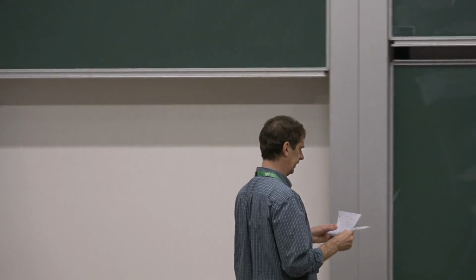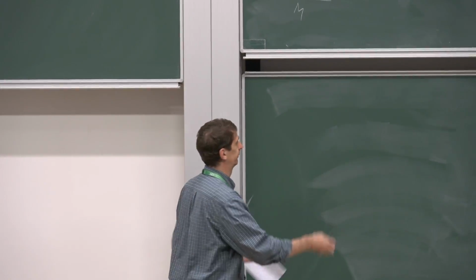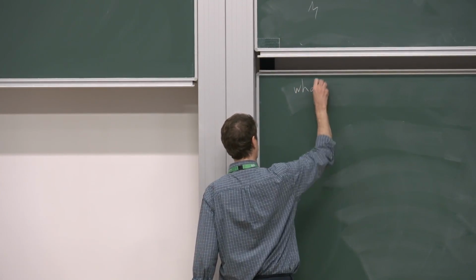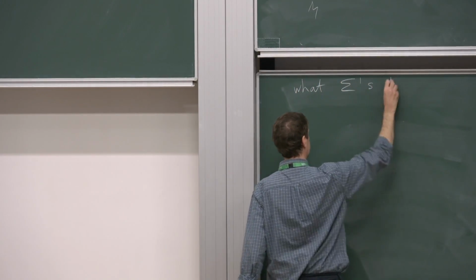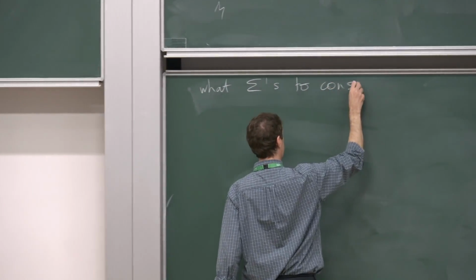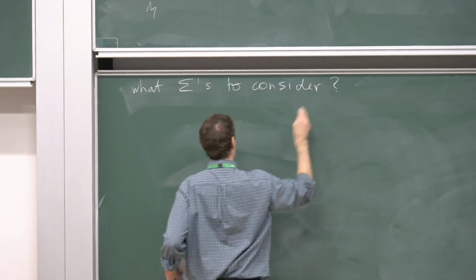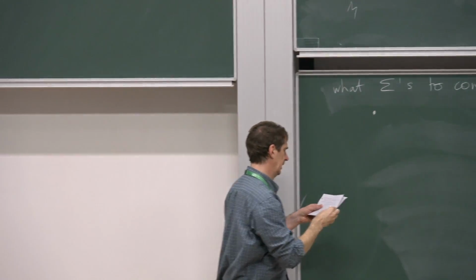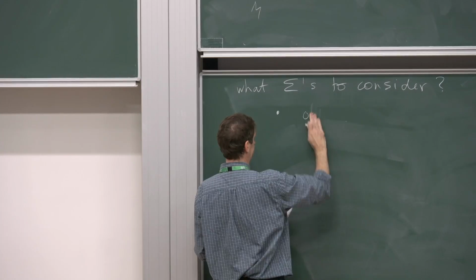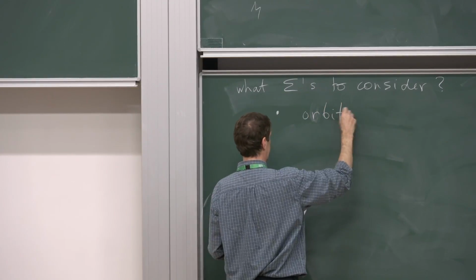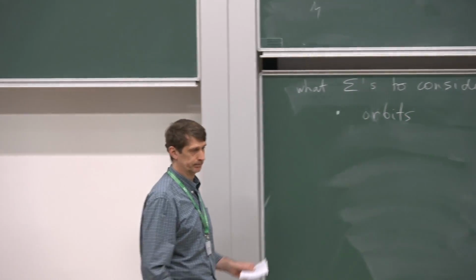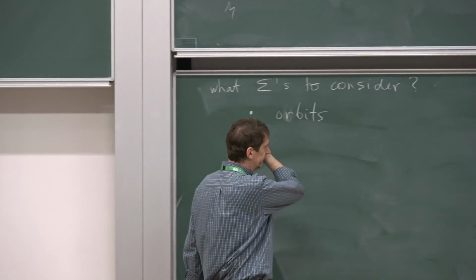I'm planning now to tell you about what kind of sigmas we should consider. The first answer should be maybe we should consider orbits or orbit closures. It's not a bad idea.